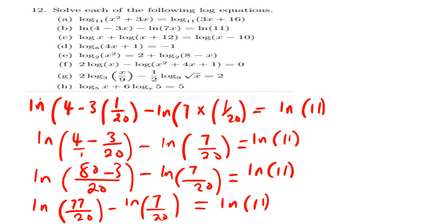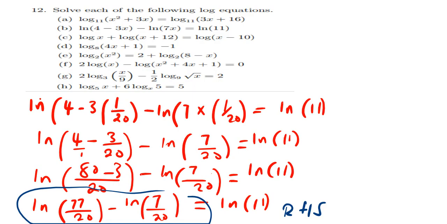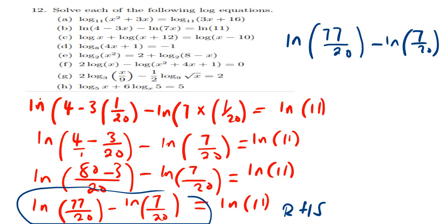Are these ones the same? Let's see what we get. Because the log is the same, I'm going to write natural log of 77 over 20 minus natural log of 7 over 20. Because we've got the common denominator of 20, I can just write it like that.